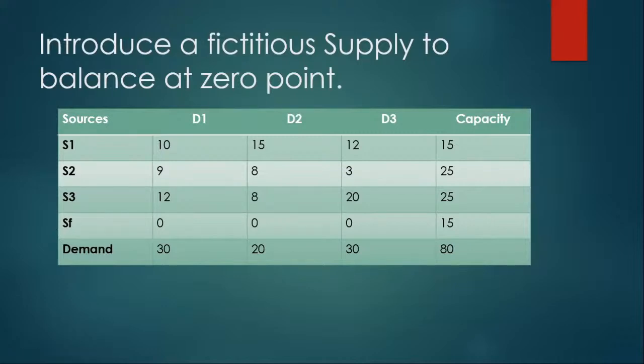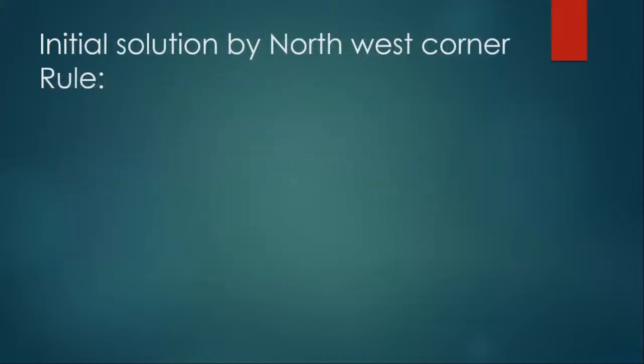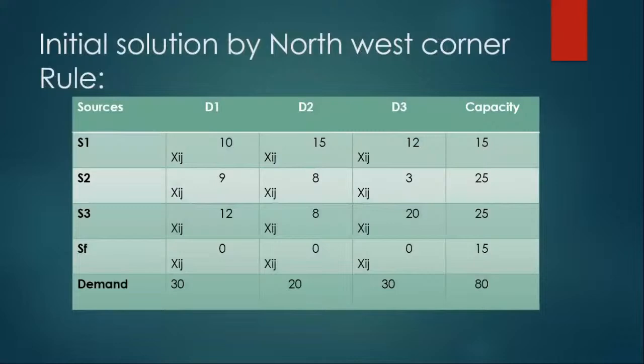The 15 is the difference between the demand and supply. The initial solution is by the northwest corner rule. We will use these variables, Xij, in the rows and columns to solve the problem.